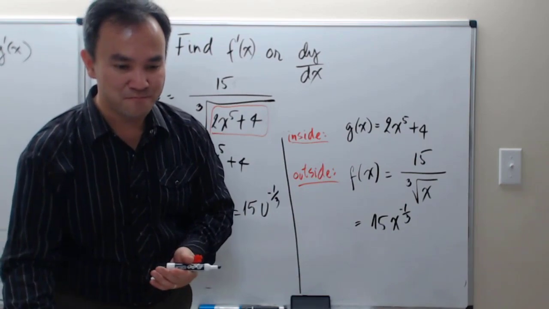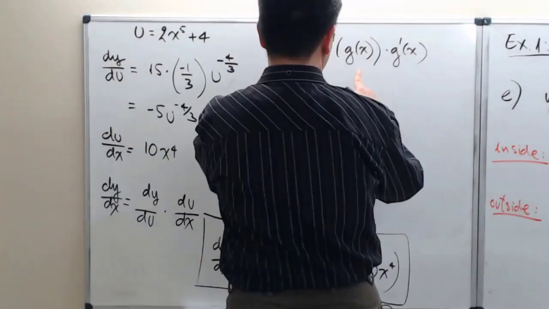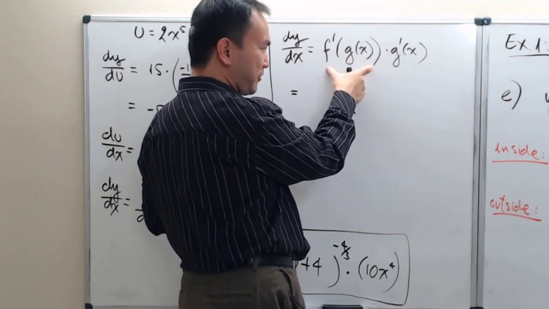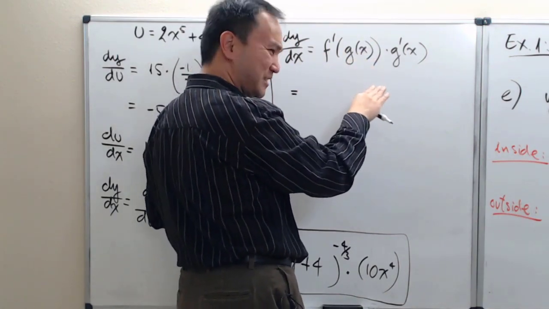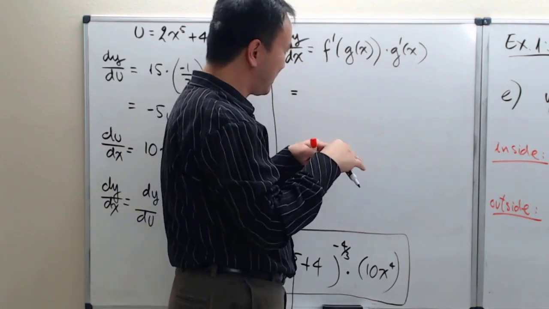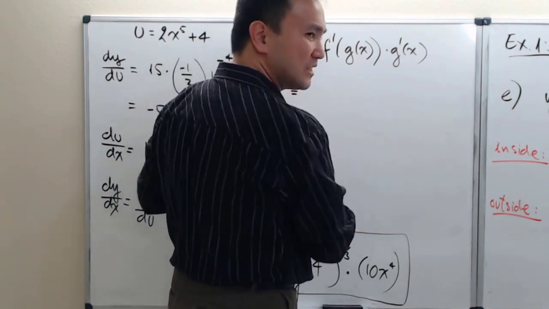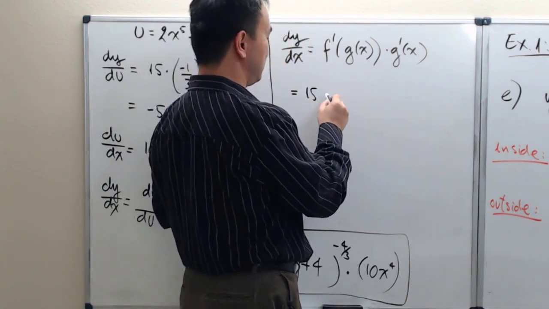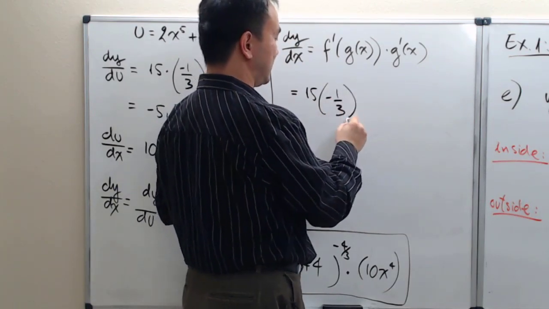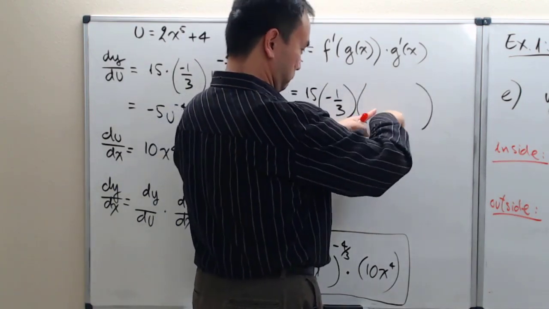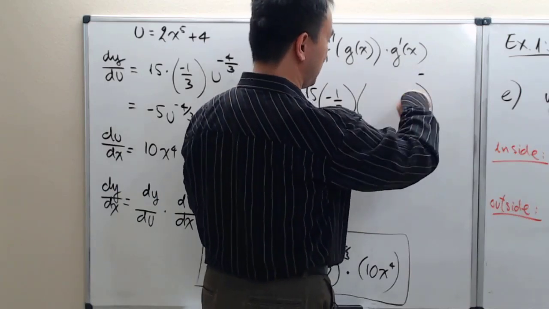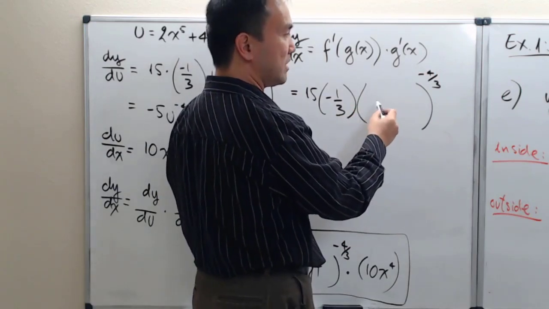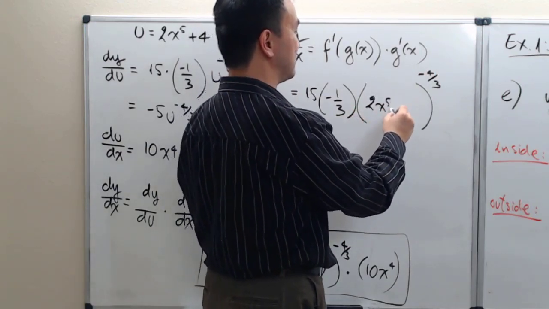Now this instruction is clearly saying we need to take the derivative, so it's kind of all in one step right here. It's a little bit dangerous, but trust me, one day when you're comfortable, I actually like this form a little bit more than the other way. So 15 times negative 1/3, and then something raised to the negative 4/3, and that something is where I'm putting in my 2x to the 5th plus 4.